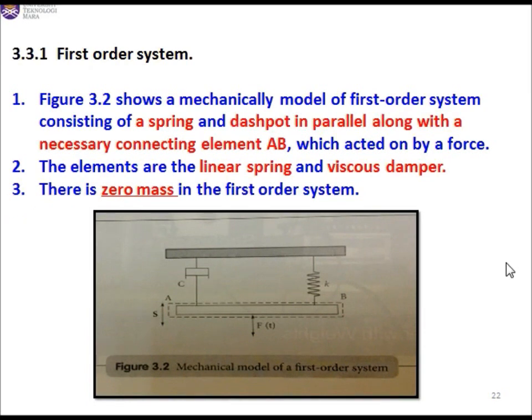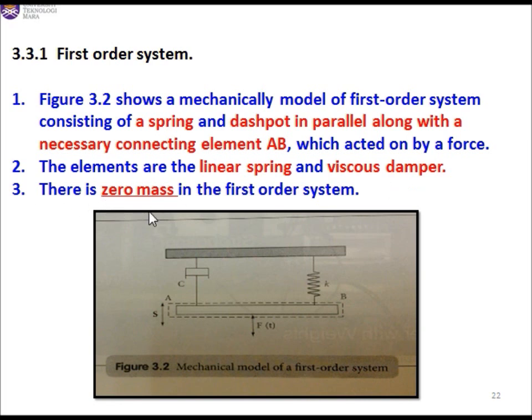There are two types of order system. First is first order system. This figure shows a mechanical model of first order system consisting of a spring and a dashpot in parallel along with a necessary connecting element AB which is acted on by a force. These elements are the linear spring and viscous damper.